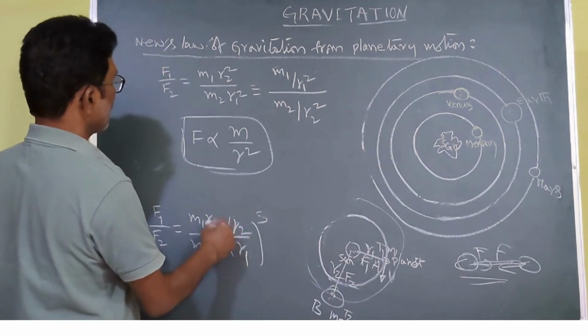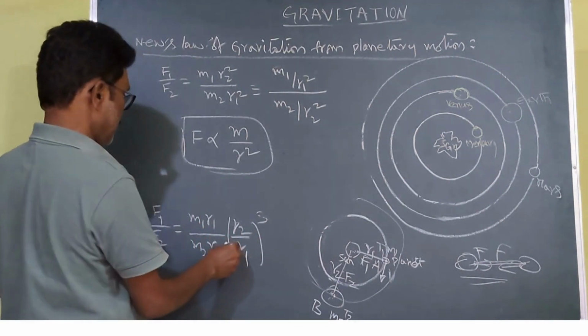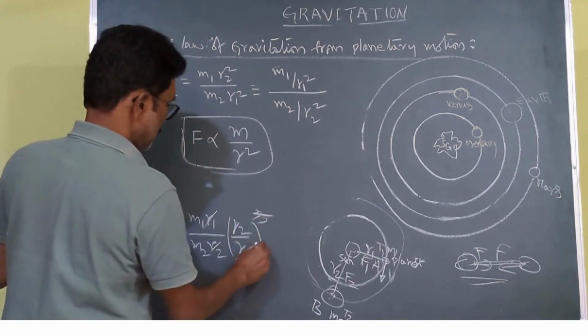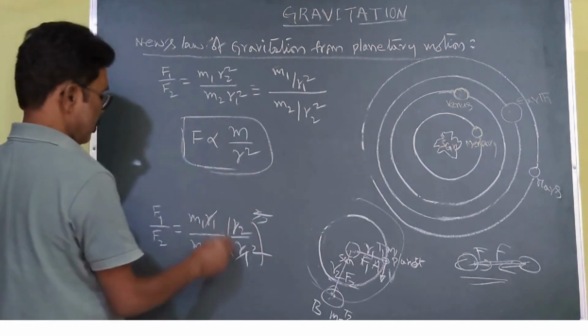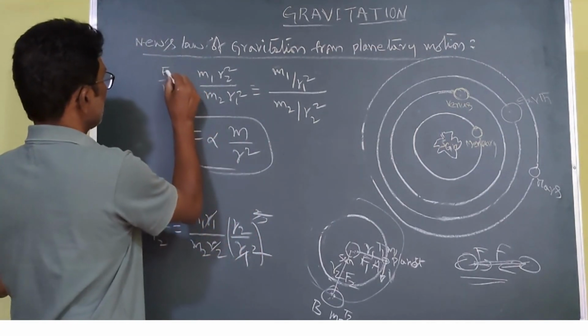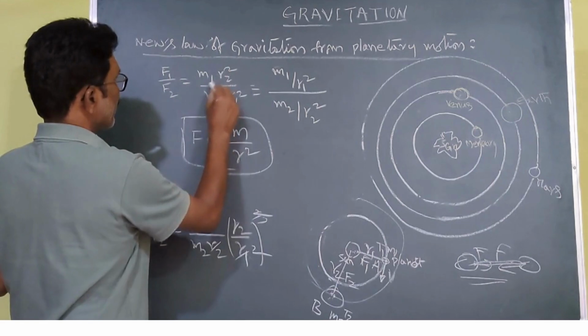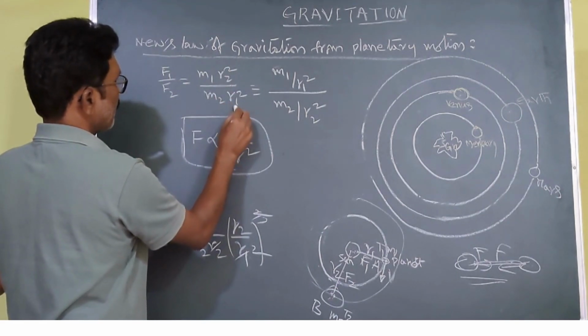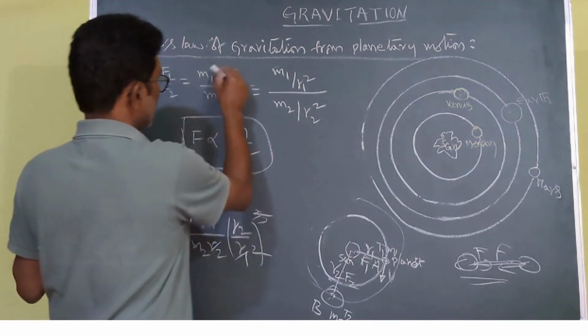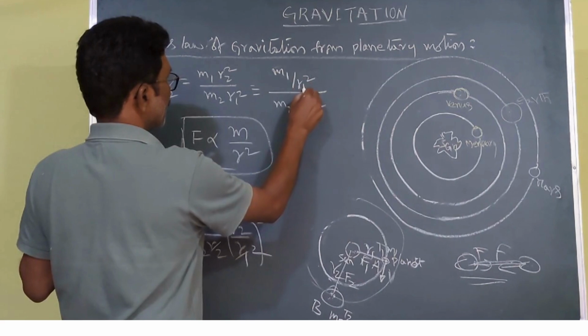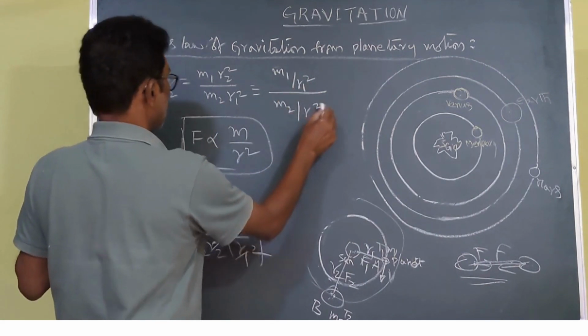If you simplify this one, it gets squared. So I have rearranged this equation: F1 divided by F2 equal to m1 R2 square divided by m2 R1 square. If you rearrange, it is m1 divided by R1 square, divided by m2 divided by R2 square.